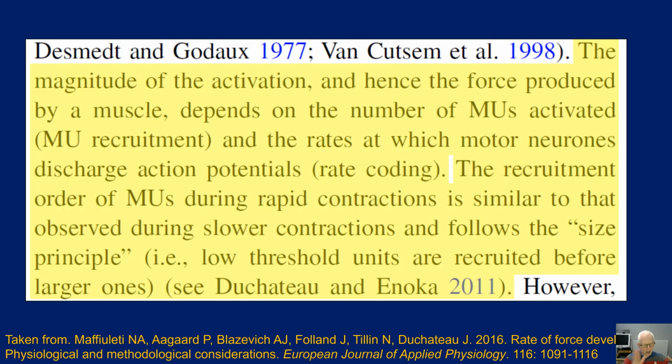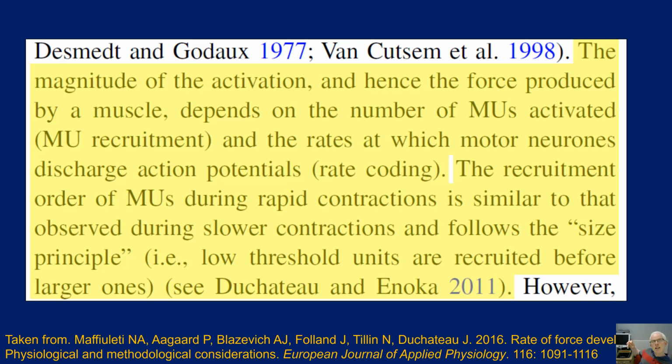So in other words, we don't need fast contraction rates if we're going for slow contractions. We can recruit slow twitch fibres, which can generate low levels of force, because we don't need to generate high forces and we don't necessarily need to generate them fast.